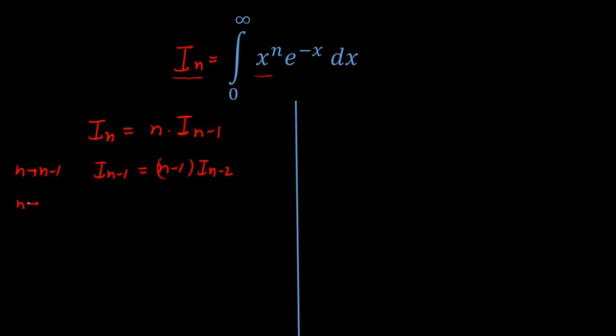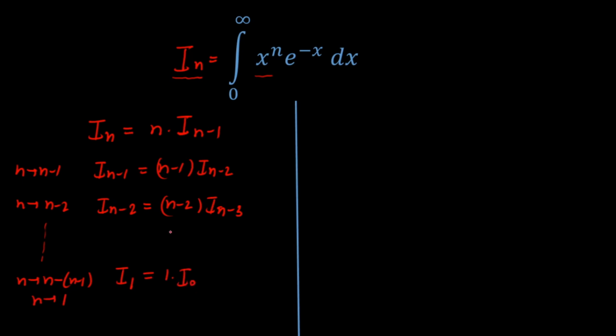Now again you replace n by n minus 2, you will get I of n minus 2 is equal to n minus 2 times I of n minus 3. So on, the value of n will be decreasing. In the end, I'll get I of 1 is equal to 1 times I of 0.